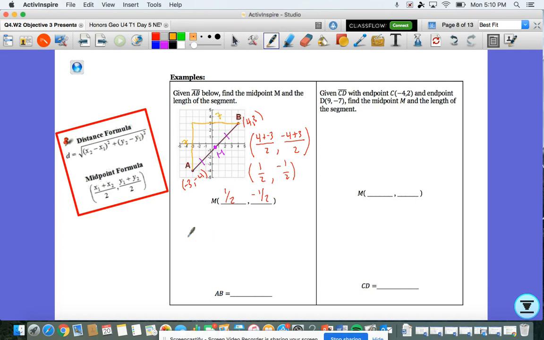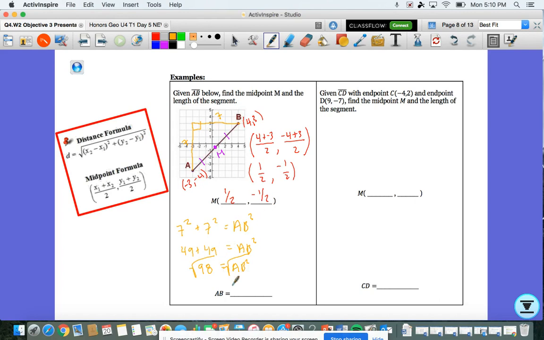It's isosceles, right? And oh, look, that's a right triangle. I can just use the Pythagorean theorem. 7 squared plus 7 squared is going to equal the length of AB squared. 49 plus 49 is 98, equals AB squared. And so my final step would be to take the square root.